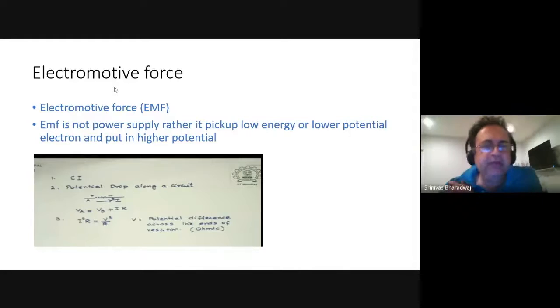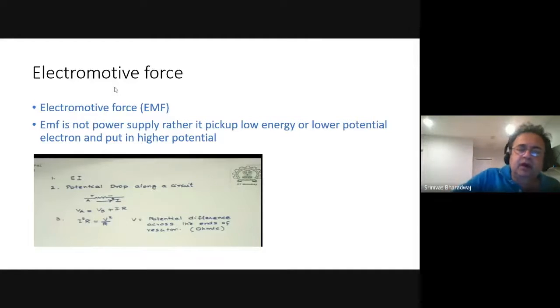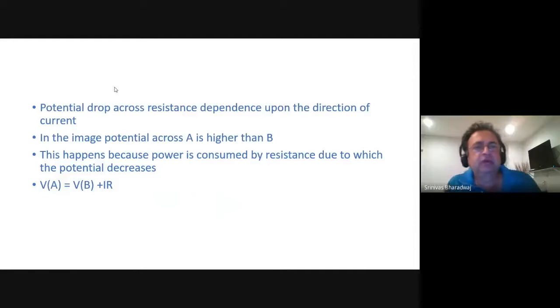Okay, so VAB equals IR, and when we look at the power, it is I squared R, or V times I. The potential drop is IR, and the potential drop times the current is the power. So the potential drop across the resistor depends upon the direction of the current.